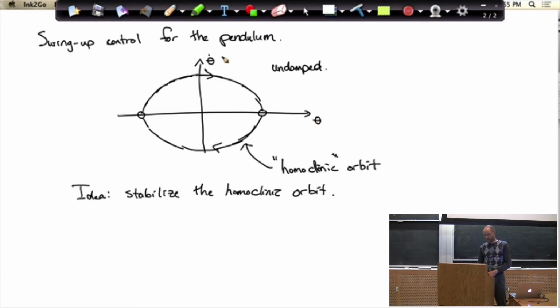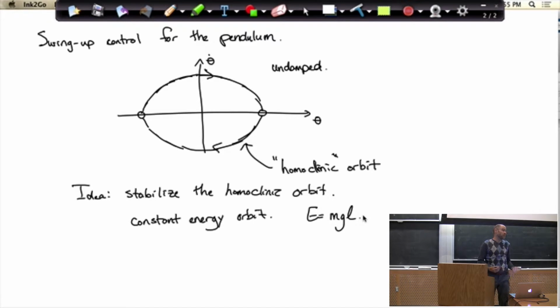Yes, the energy is constant. And it's going to be the same as the energy at the top. Exactly. So this is a constant energy orbit. This is an orbit of the undamped pendulum. And in fact, the way I had defined energy, it's going to be where the total energy equals mgl. We'll write it down, but it's a constant energy.